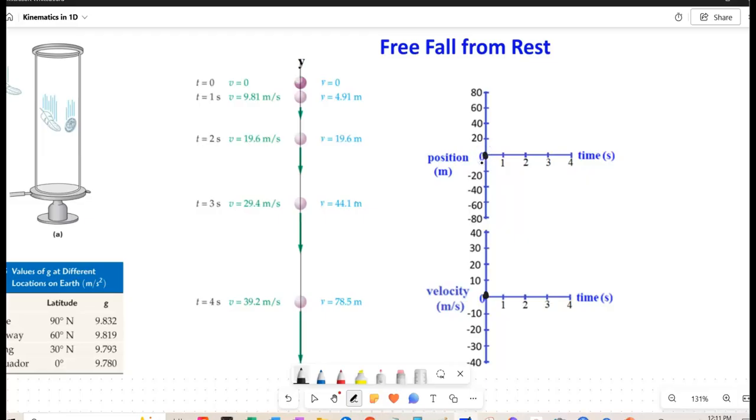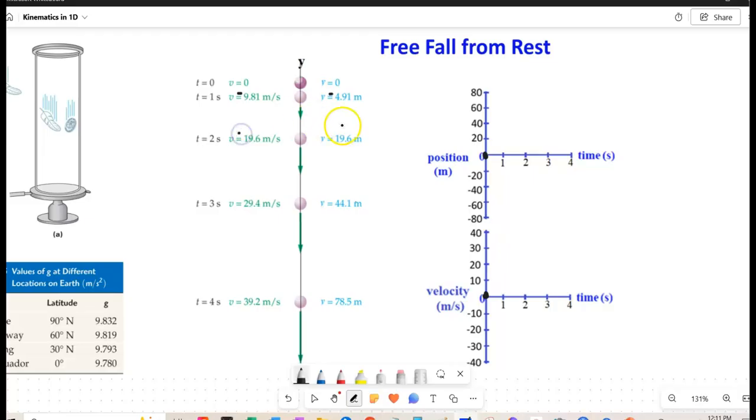When you drop something from your body, maybe you're on top of a building or something, your initial position in the y direction is 0. You are the center of the universe. Okay? So anything dropping below you is going to have negative values.